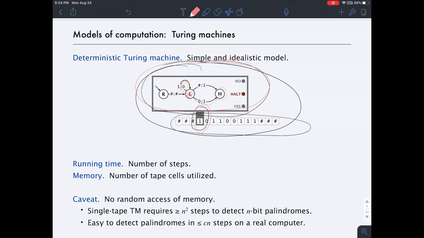So basically, what we need to do is move around inside this state machine by looking at what's there in the tape. And of course, when you update your state, you are also allowed to write back to the infinite length tape.